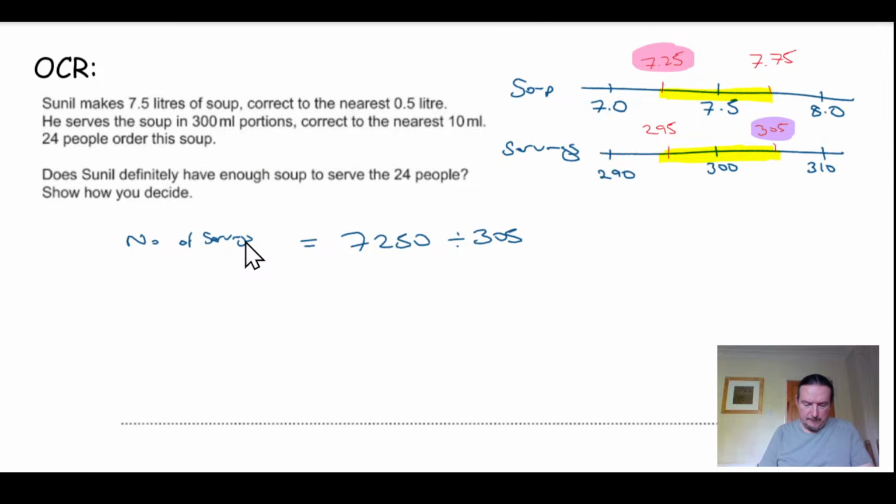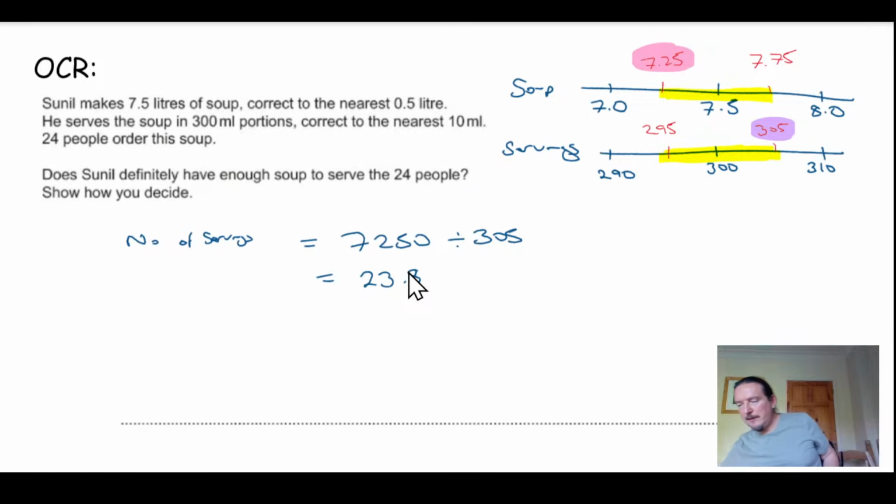7250 divided by 305. Calculator malfunction. That comes to be 23.78. I'm just going to round that up to 23.8. Okay, which is not quite enough servings of soup, is it?